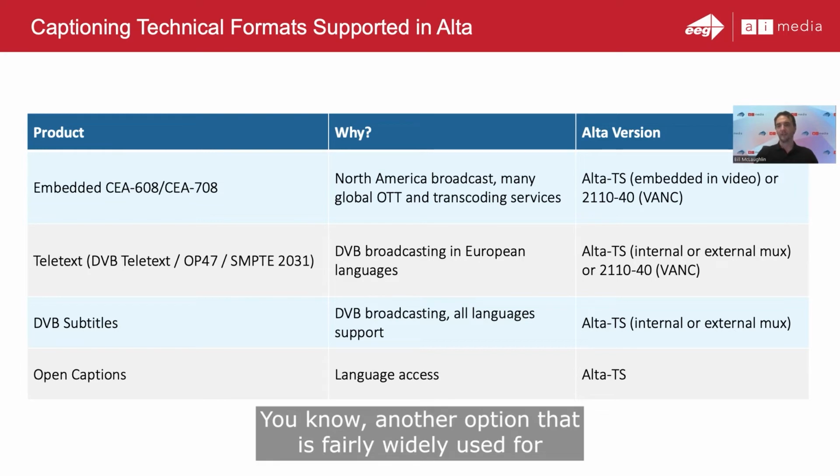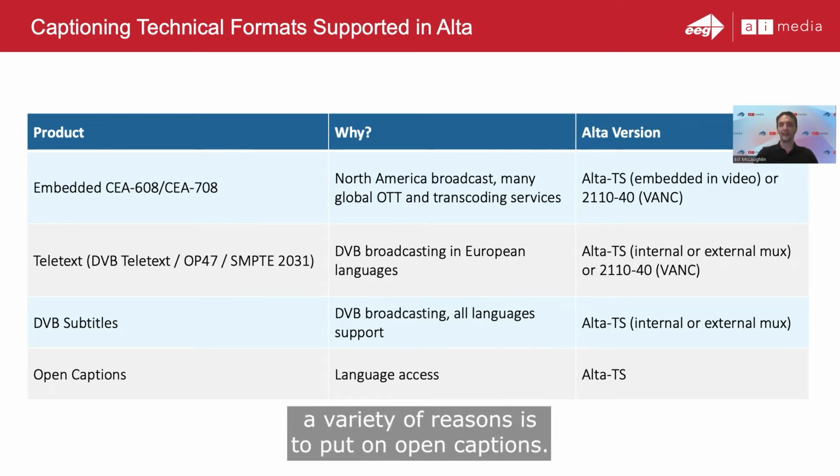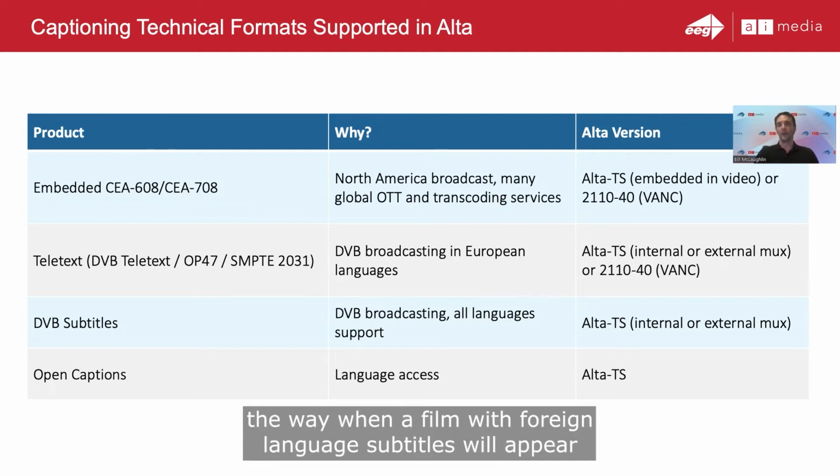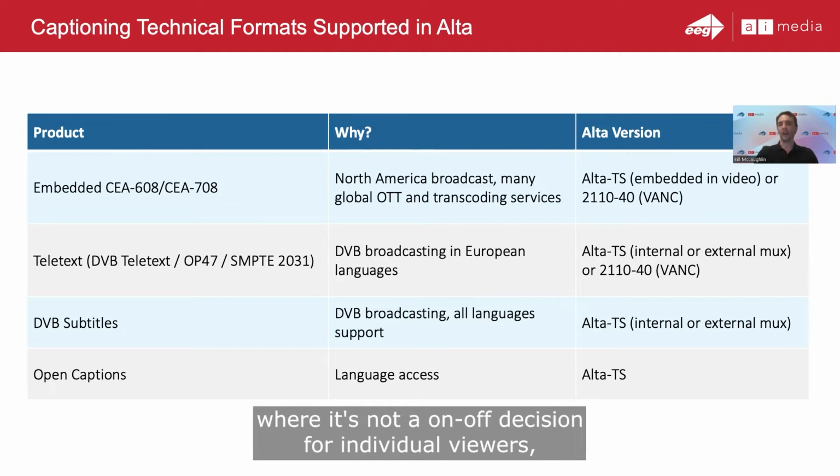Another option that is fairly widely used for a variety of reasons is to put on open captions. When we say open captions or subtitles, we mean, for example, the way a film with foreign language subtitles will appear, where it's not an on-off decision for individual viewers.